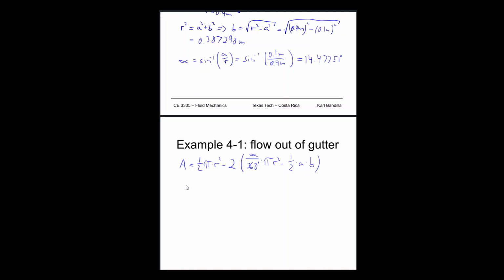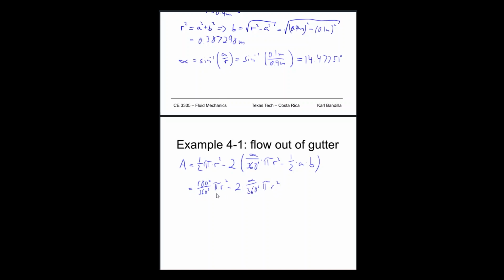What does that give us? Let's write that in the same way as over here, so that would be 180 degrees over 360 degrees, pi r squared, minus 2 times alpha over 360 degrees, pi r squared.